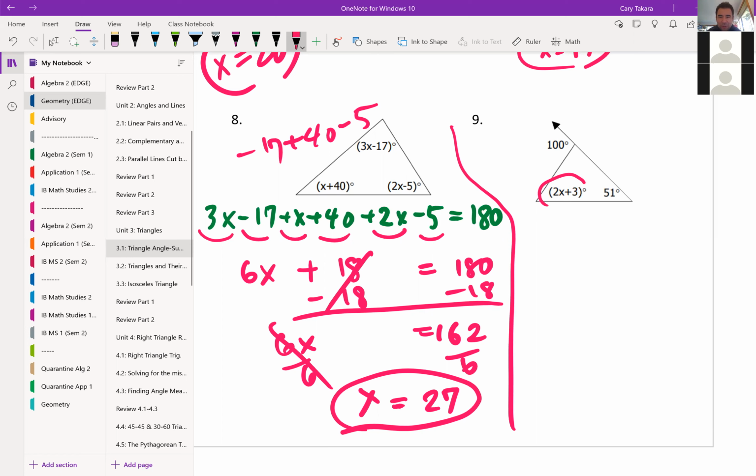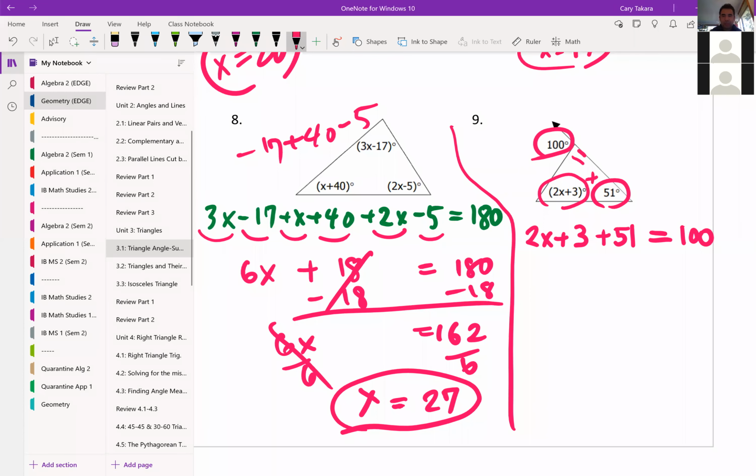All right. So 2 inside added is equal to outside. Okay, is that how you set it up? So 2x plus 3 plus 2x plus 3 plus 51, that's going to be equal to the outside angle, which is 100. 2 inside equals 1 outside, far apart.